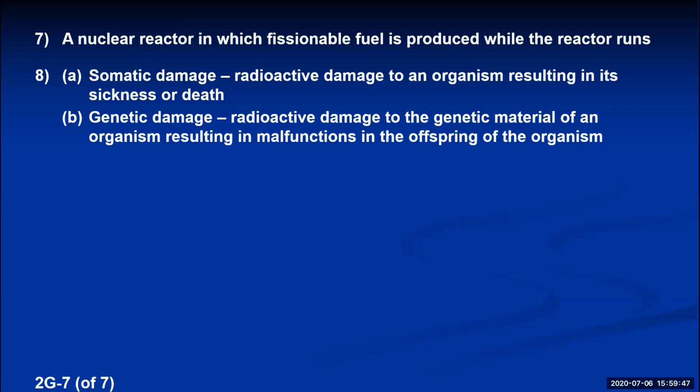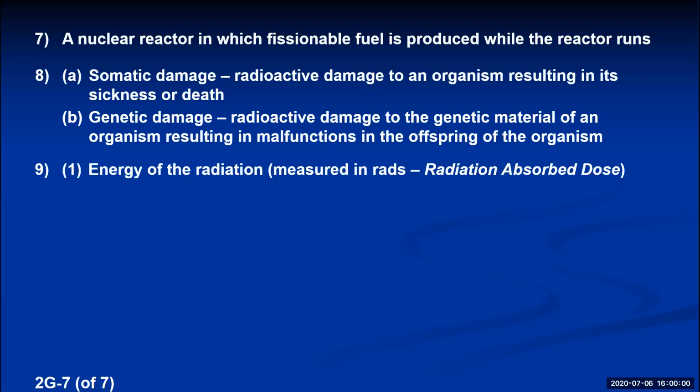Number 9, list the 4 factors that determine the biological effects of a particular source of radiation. The things that determine the effect of the radiation on biological systems are, first, the energy of the radiation. The amount of energy the radiation possesses is measured in rads, which stands for radiation absorbed dose.